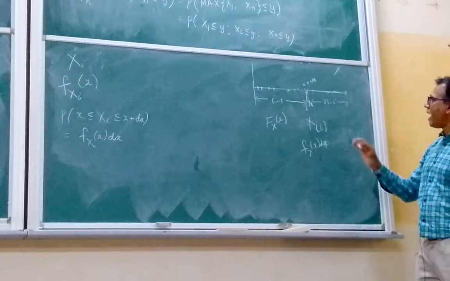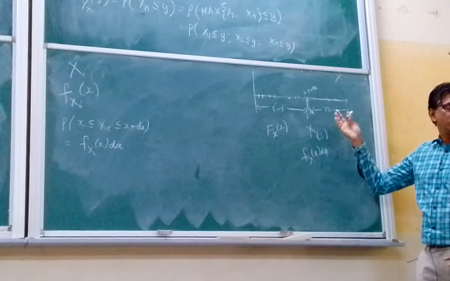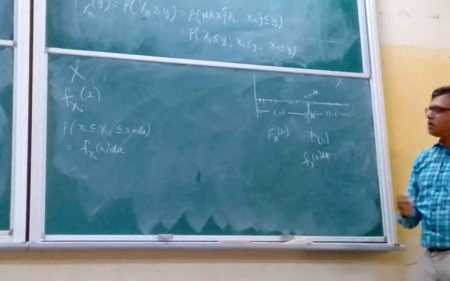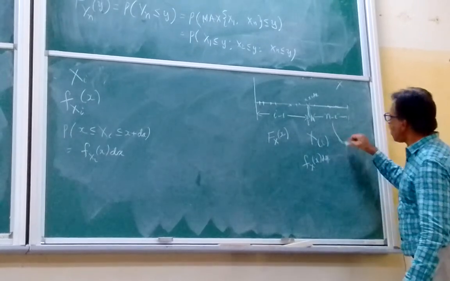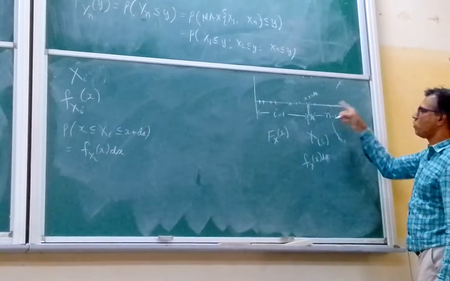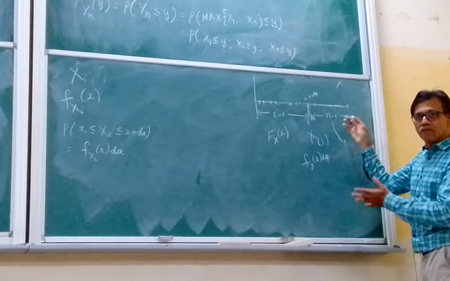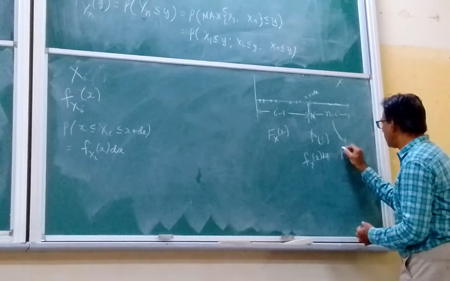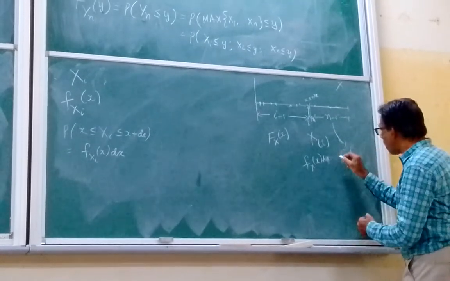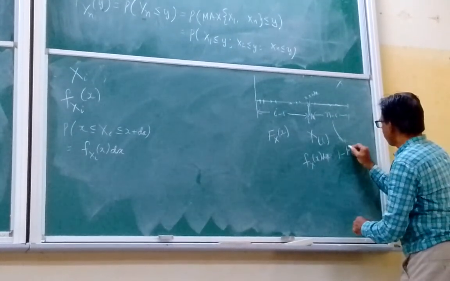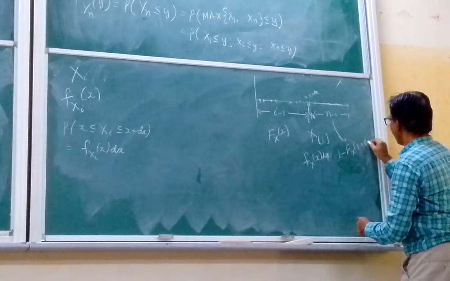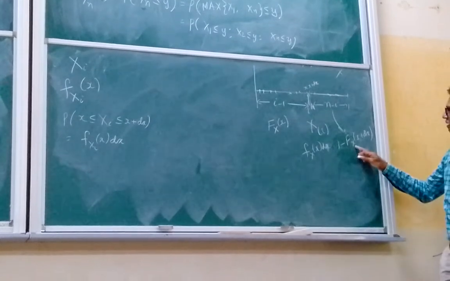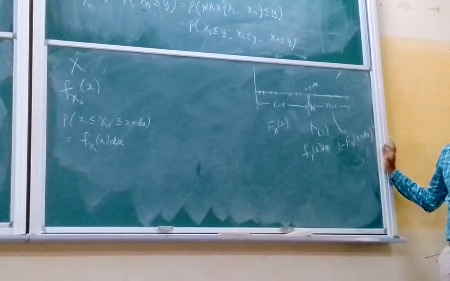What is the probability that a realization will lie above x plus dx? Again, all of them have the same probability, but n minus i should be of that kind. That is nothing but 1 minus F_X of x plus dx. This is what will happen.